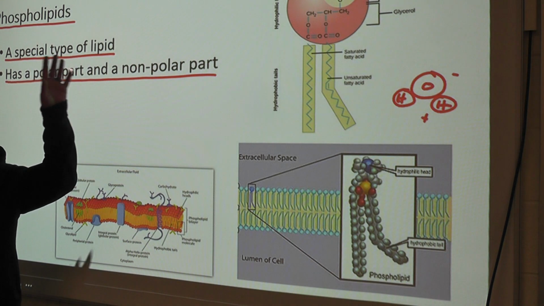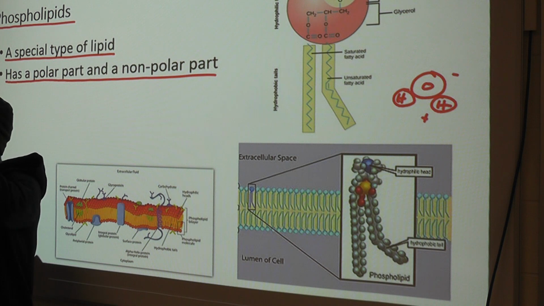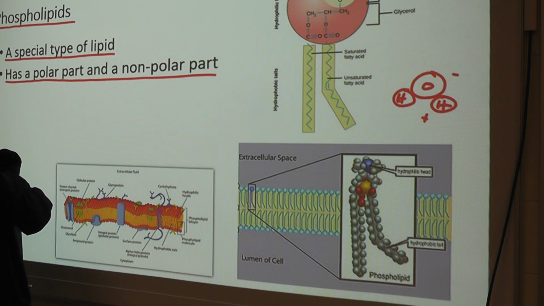Well, phospholipids work the same way, except they have a part that has a little bit of a positive charge, and a part that has a little bit of a negative charge, and a part that doesn't really have any charge at all.